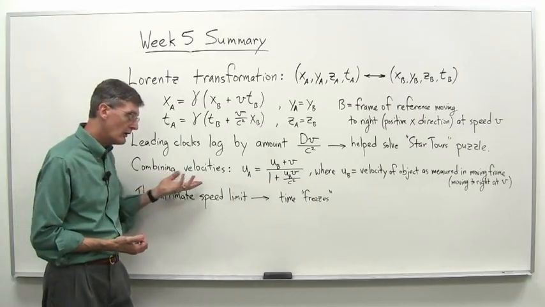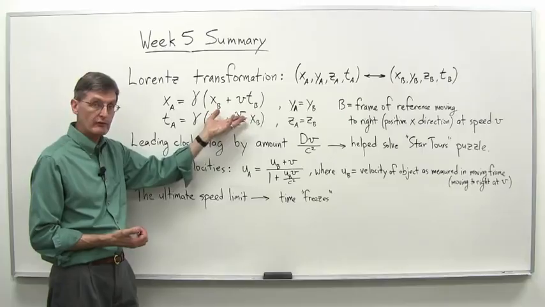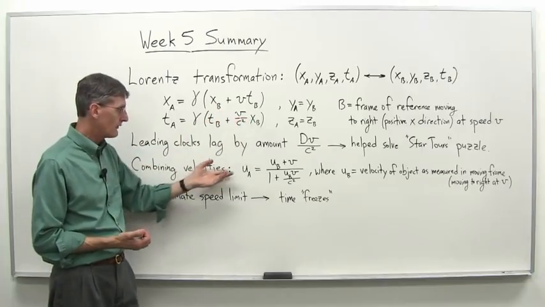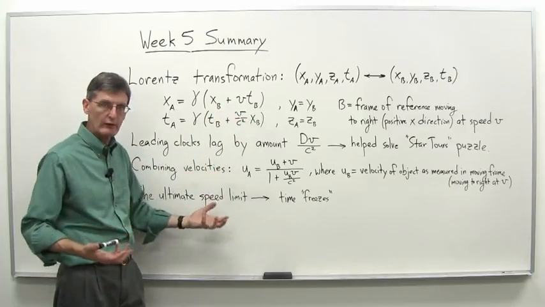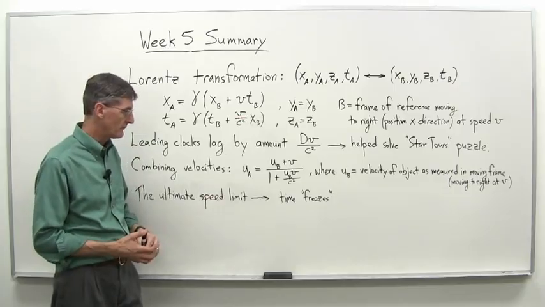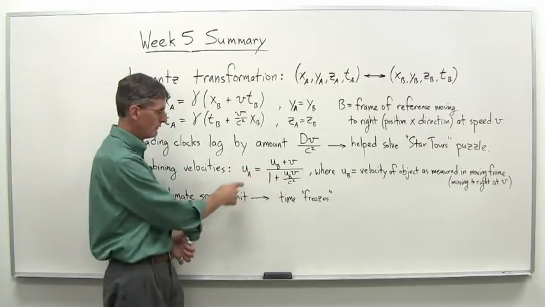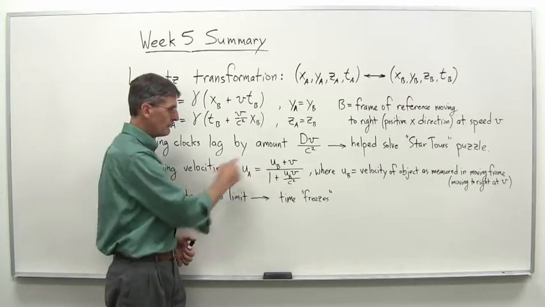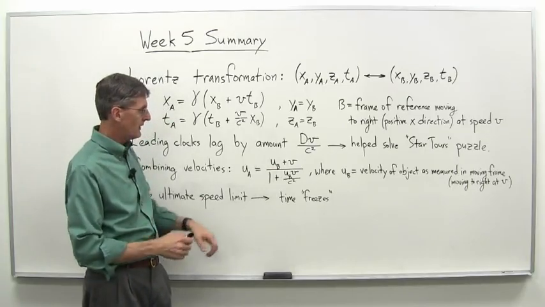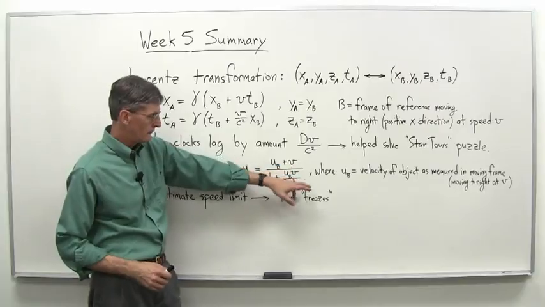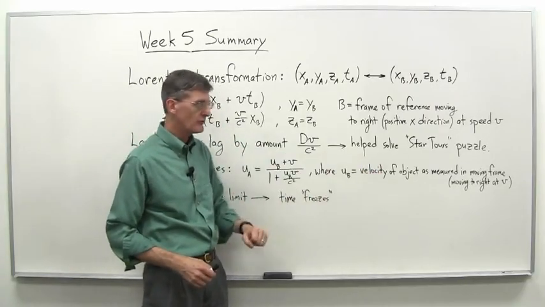And so another thing we were able to do using the Lorentz transformation is derive a formula for figuring out exactly what Alice would see in that case. And I've used it in the form A and B here again, where Alice could be the lab frame, B is the rocket frame for Bob, and so U sub B is the velocity of the object as measured in the moving frame.